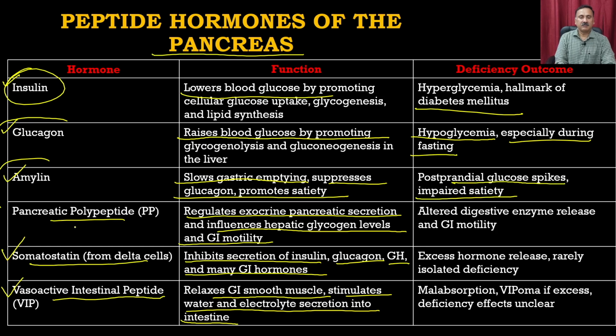Then pancreatic polypeptide deficiency causes the altered digestive enzyme release and the GI motility. Then somatostatin deficiency causes the excess glucose release, and it is rarely isolated. Then vasoactive intestinal peptide deficiency causes the malabsorption, and if in excess, the effects are unclear.